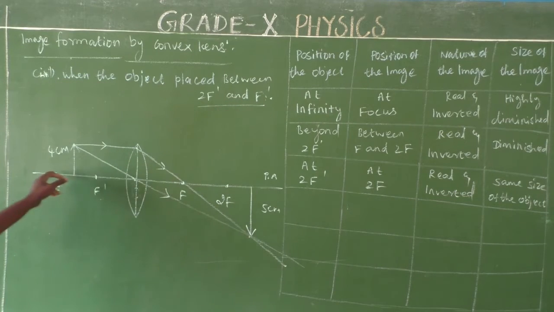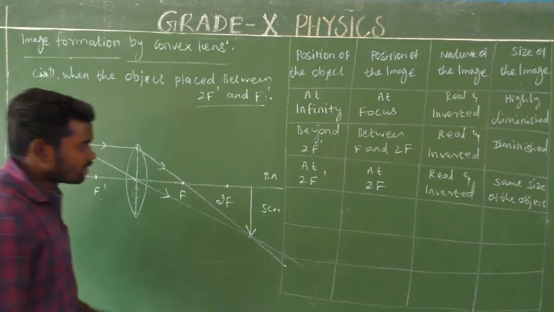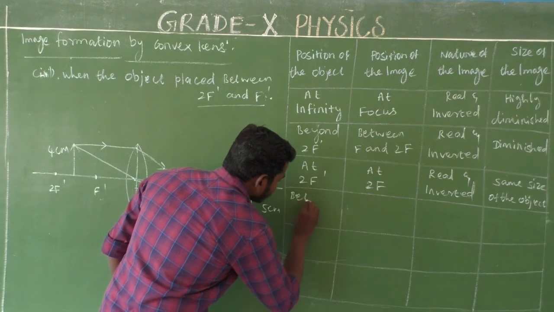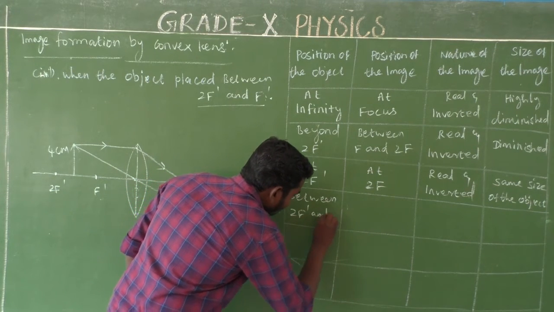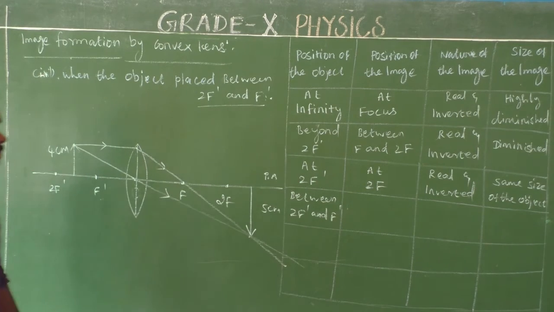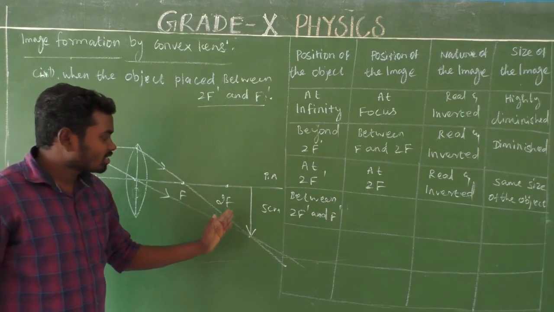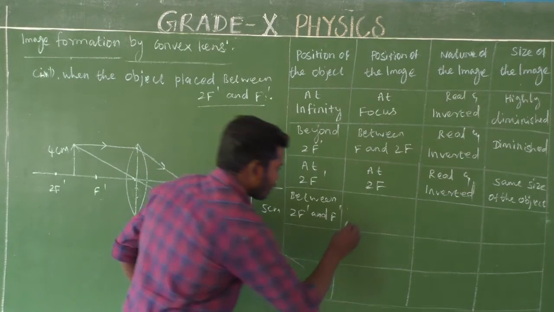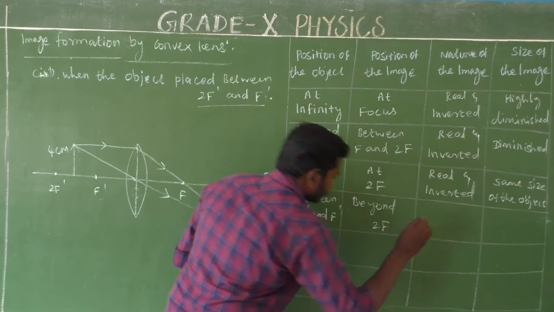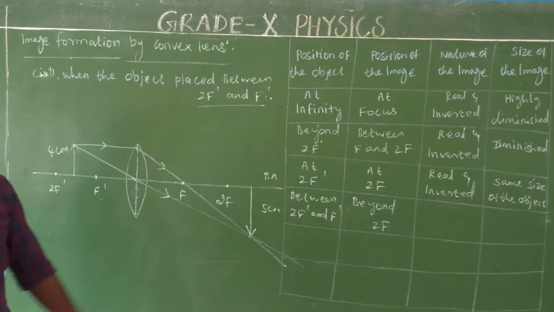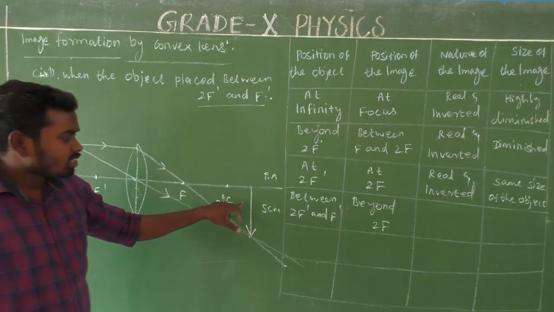What is the position of the object? Between 2f dash and f dash. Next, position of the image: that is beyond 2f. Is it clear? Next, what is the nature of the image, whether real or virtual?